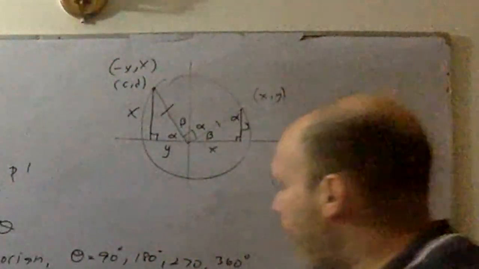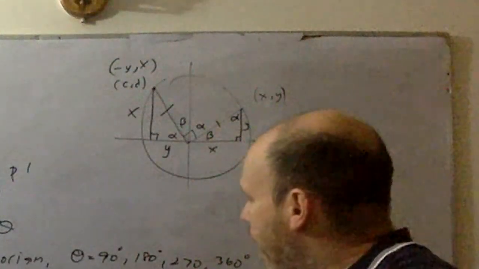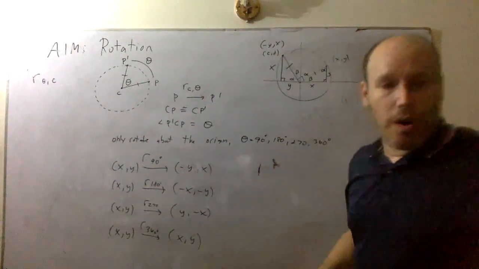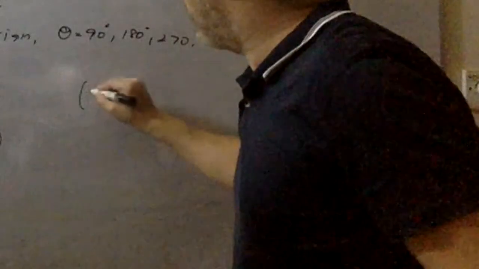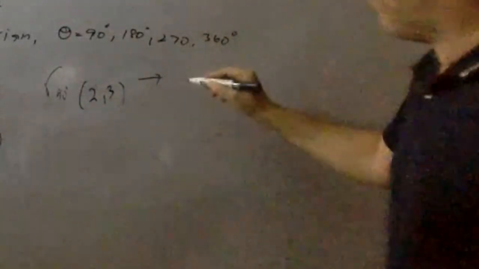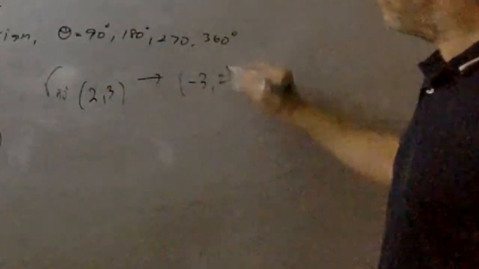So try these problems. For example, you might see (2, 3) after a rotation of 90 degrees. You go (-3, 2).